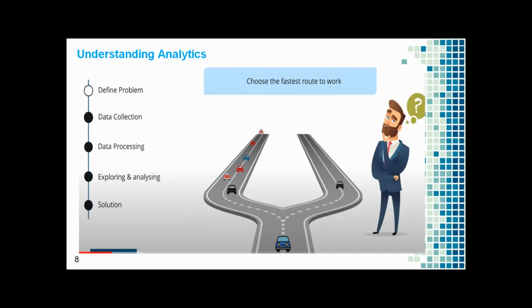So the problem before this person is to choose the fastest route to his office. He wants to reach his office, and he wants to choose which path he should select so that he could reach the office faster.